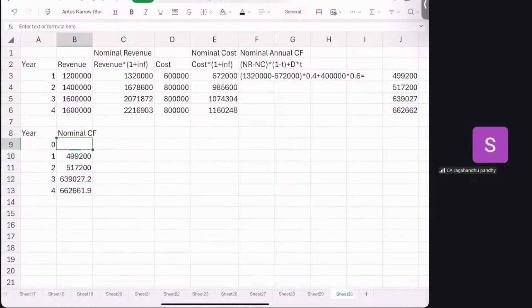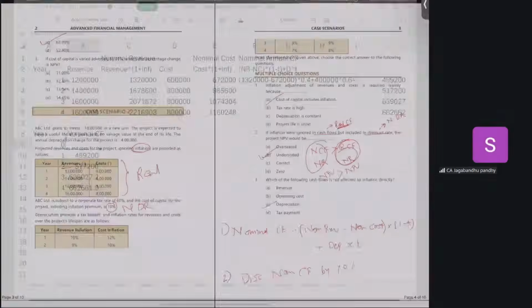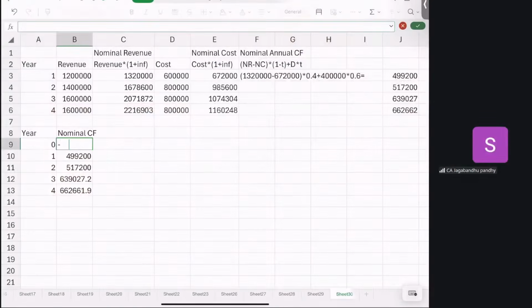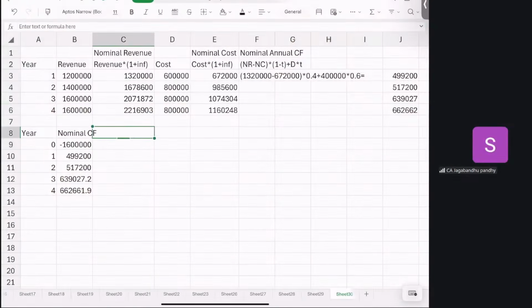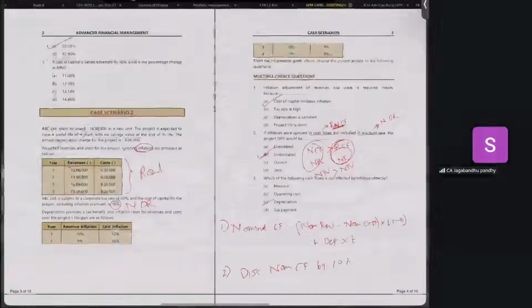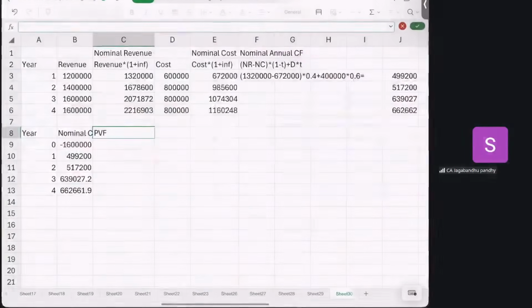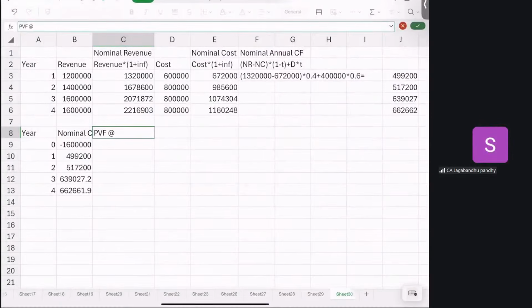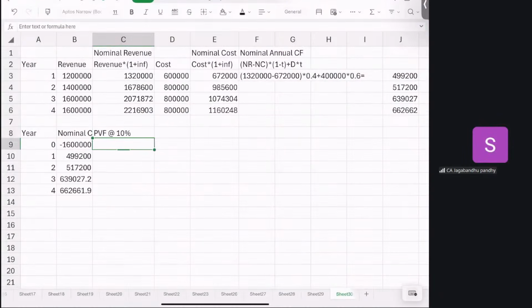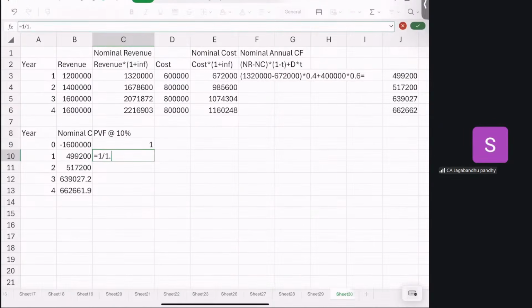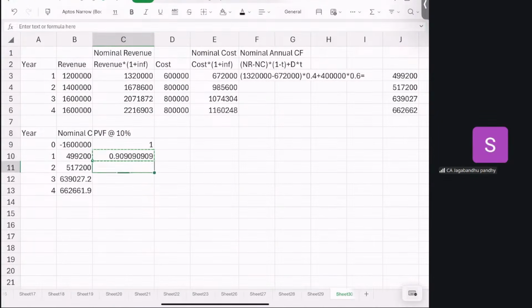In year 0, we are investing what, 16 lakhs. PV factor at 10 percent. That is 1 divided by 1.1 raised to number of years.